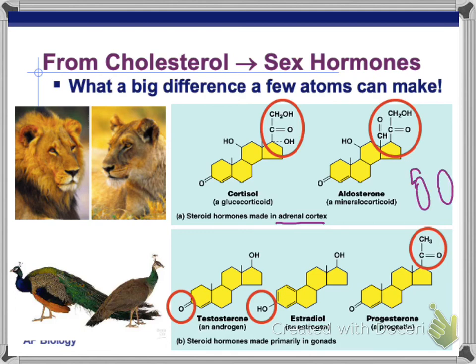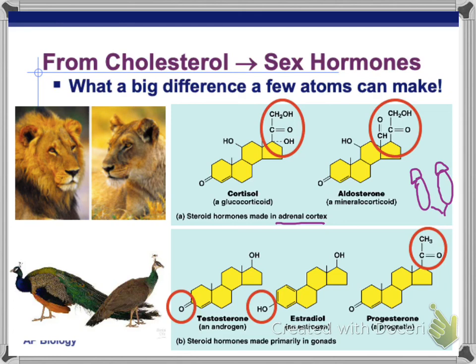Your adrenal glands sit on top of your kidneys, and their job is to make stress hormones like adrenaline, cortisol, aldosterone. They work with your body to maintain homeostasis when you're in stressful situations or when things aren't necessarily in balance.